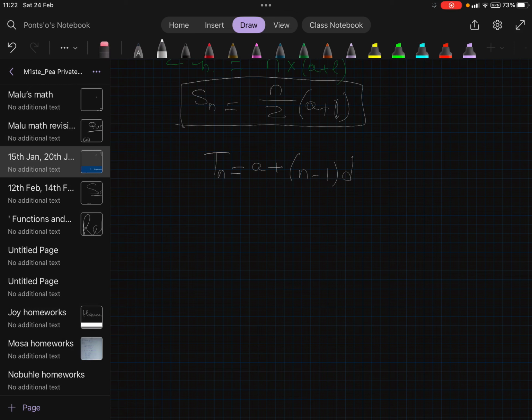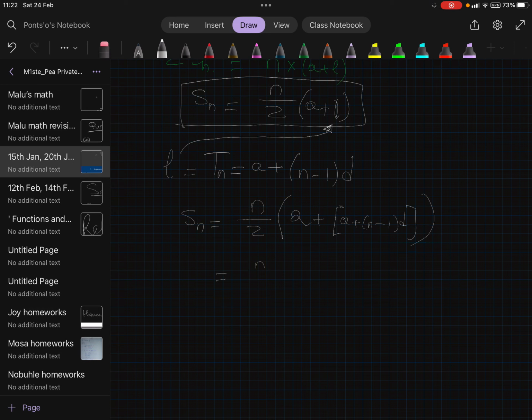If we assume the nth term to be the last term, then we can substitute that into the sum to the nth term formula, so that the sum to the nth term becomes n over 2 into the first term plus, now when we substitute a into n minus 1d, we'll get a different animal altogether.